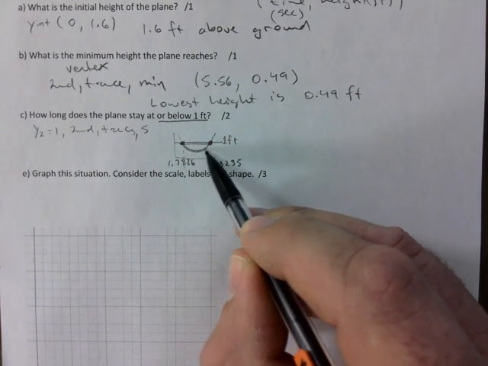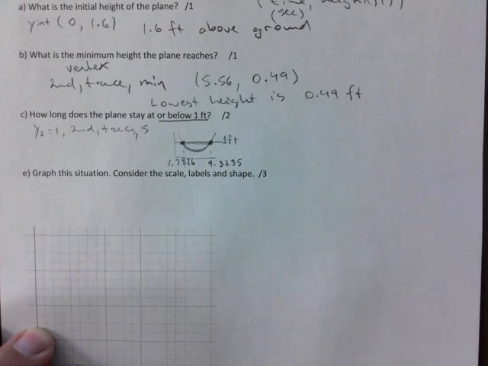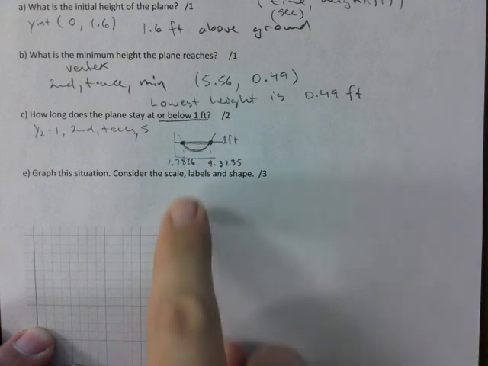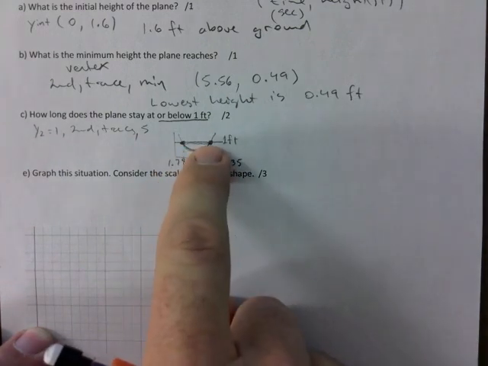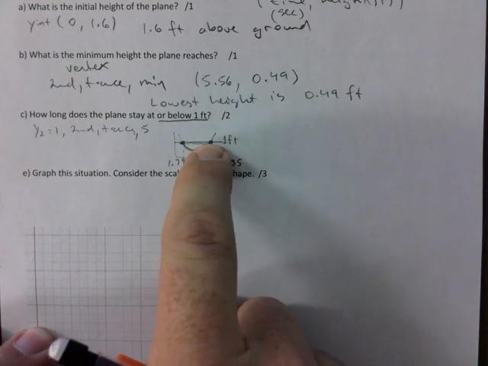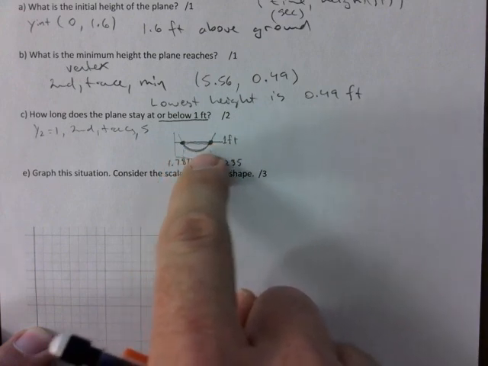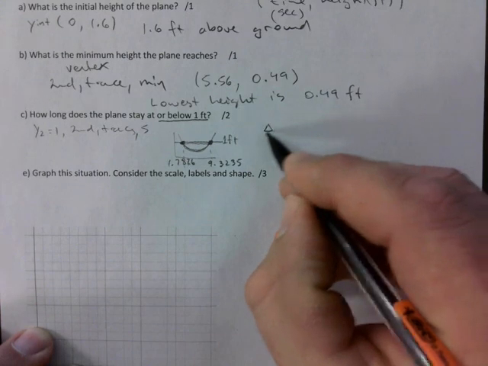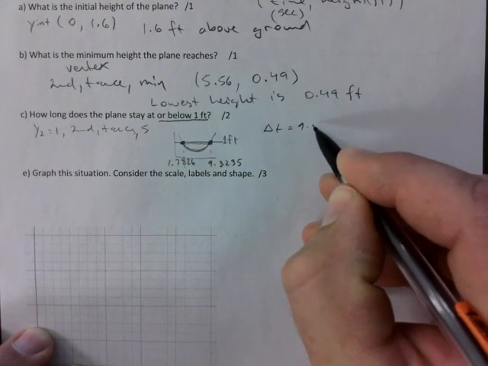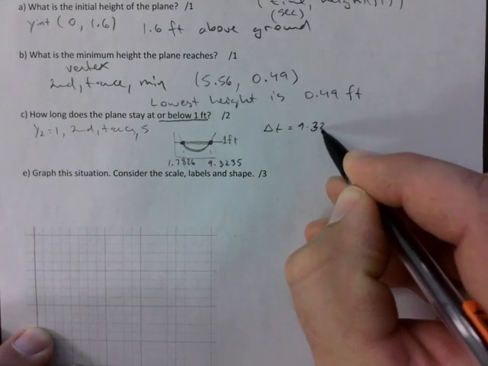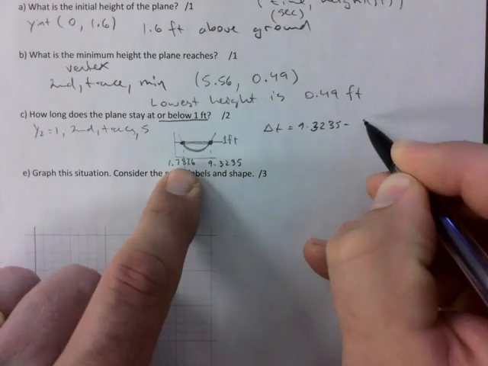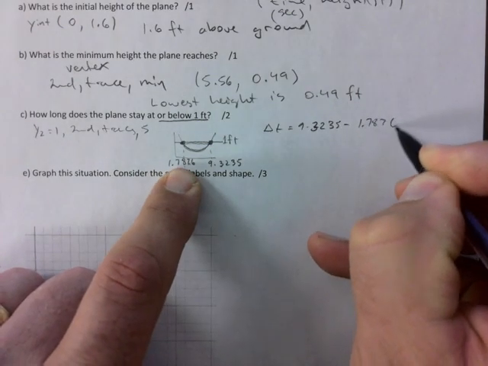So you need to subtract these two to figure out how much time was spent below. Remember yesterday that crazy example where I found delta time and I took it away from the total? That's only if it had asked how long did it stay at or above 1 foot, right? You want to know how much time was spent at or below. So delta time is 9.3235 minus 1.7876.